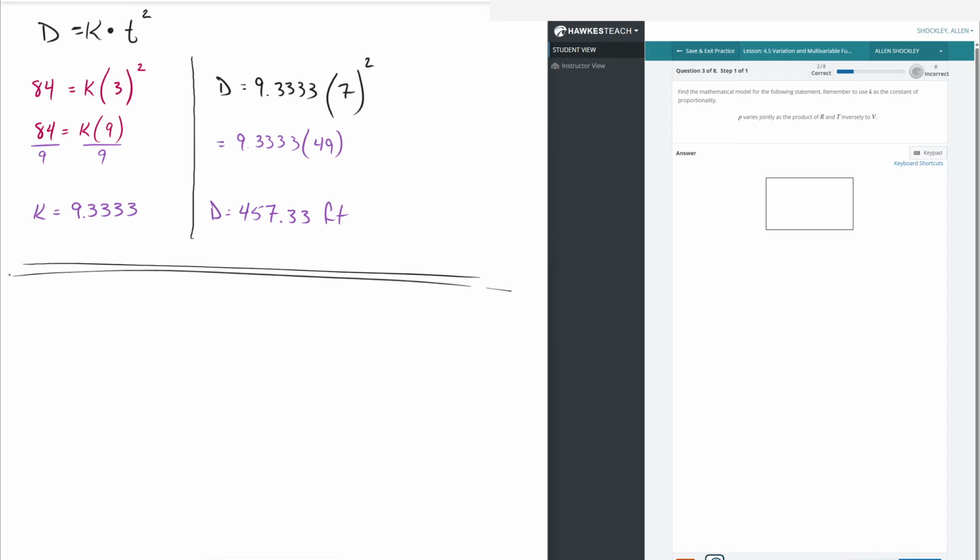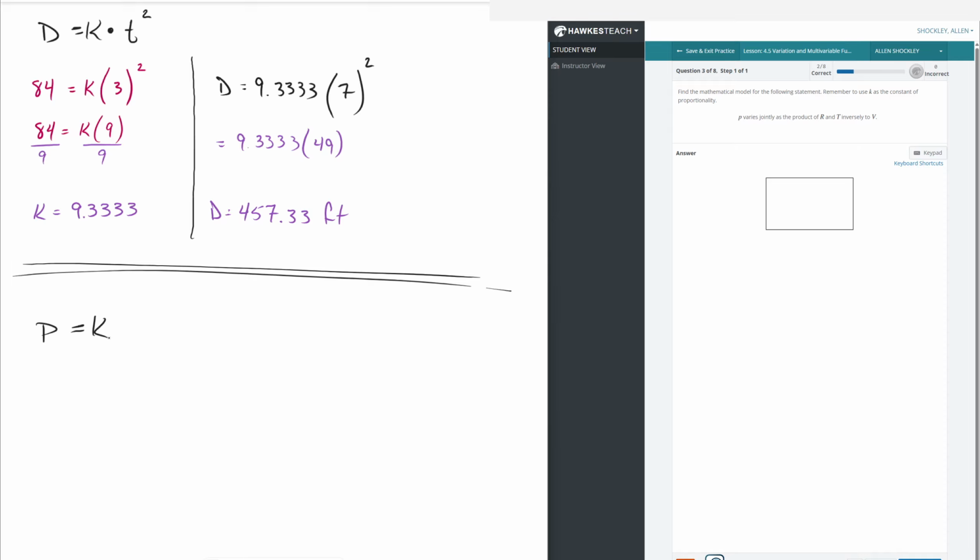Find the mathematical model. This one is just asking you to find the model of whatever sentence they're going to say. P varies. Varies is where we get into that "is." We're going to say equals k. Jointly just tells us that there's more than one thing happening, and the next part tells us what's happening.